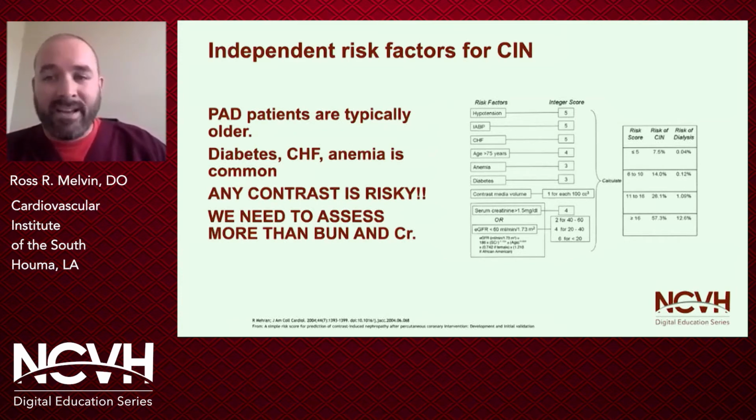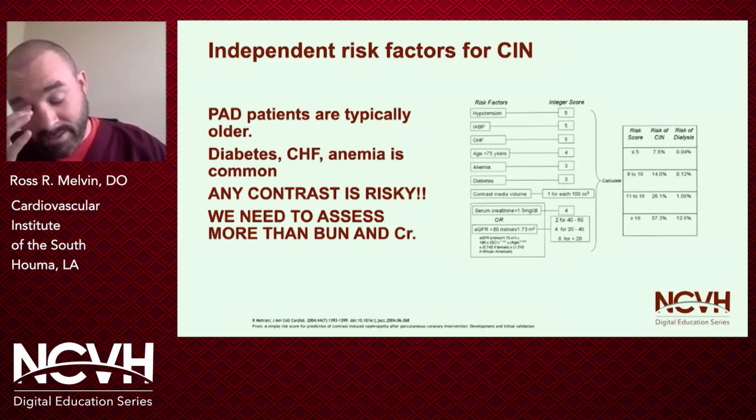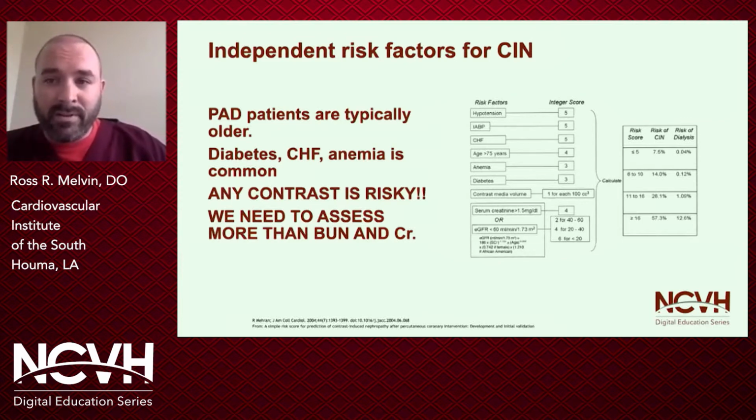In addition to that, if they do have some baseline chronic kidney disease, it puts them at almost that 12% risk that you see in the corner. So limiting contrast in these patients is of the utmost importance when we're intervening upon them. And with patients typically becoming older and older with better medications and interventions, CIN is going to become more and more of an issue.